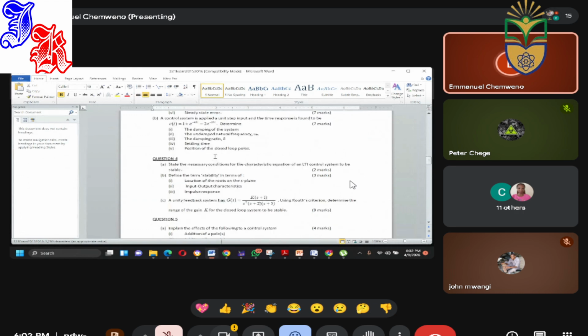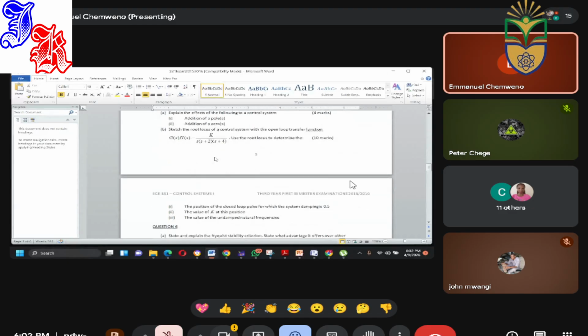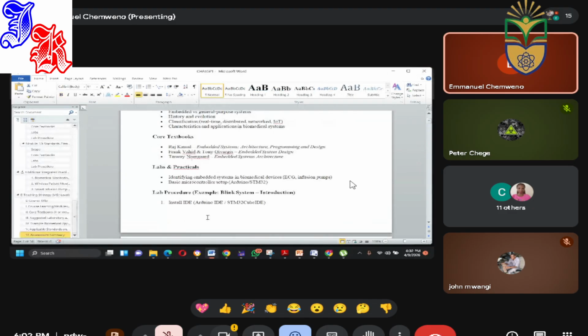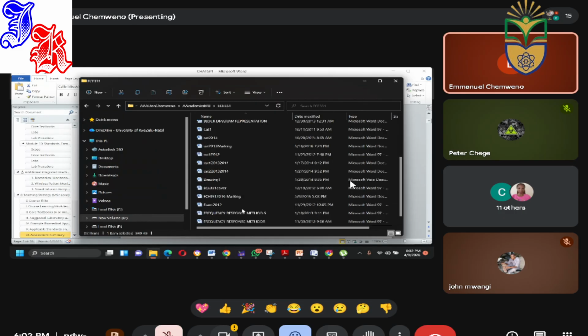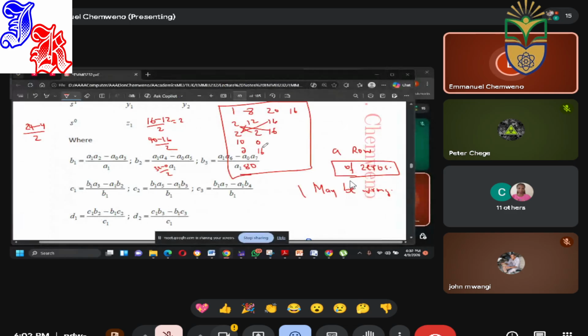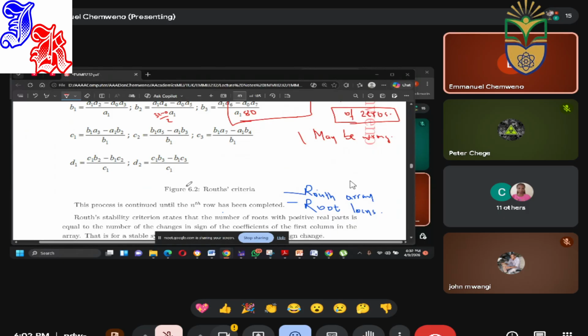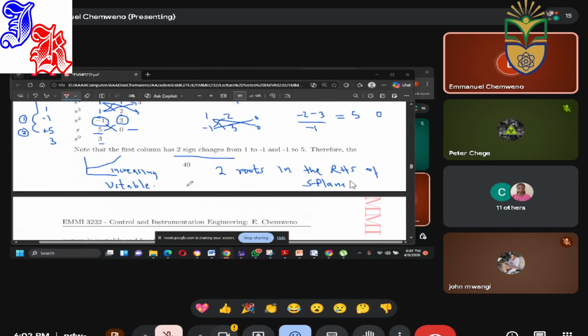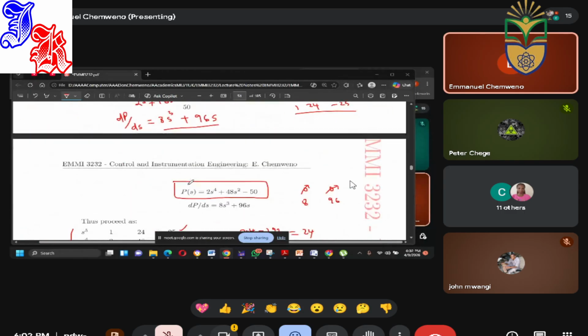It may not be there, so if I get it, I will look for an example. I will add an example that has a row of zeros in the notes.